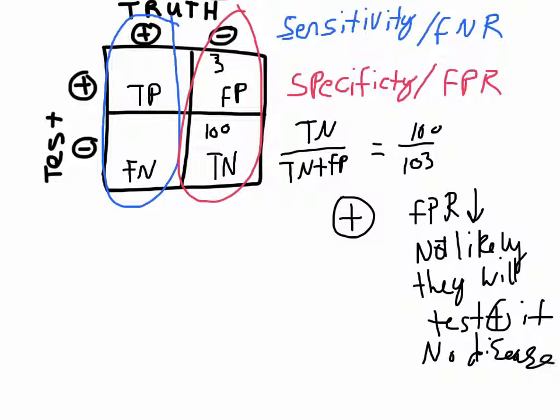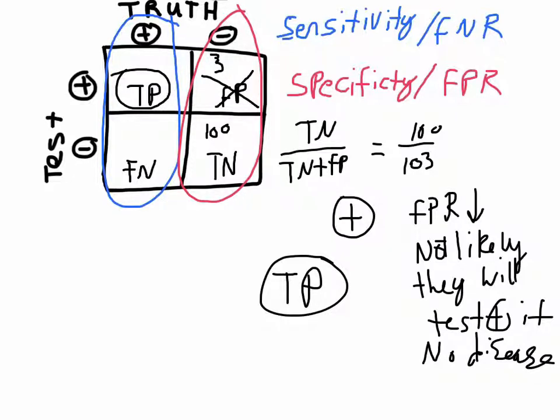So if they do test positive, it's probably not a false positive, meaning it probably will be a true positive. So with a high specificity, we're saying that the probability of getting this false positive is really low, so getting a positive will probably be a true positive.